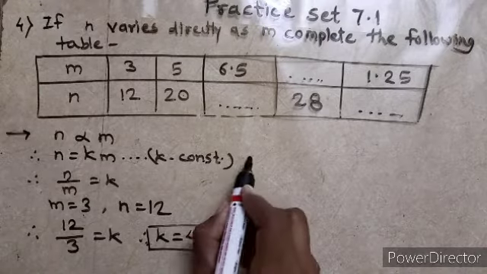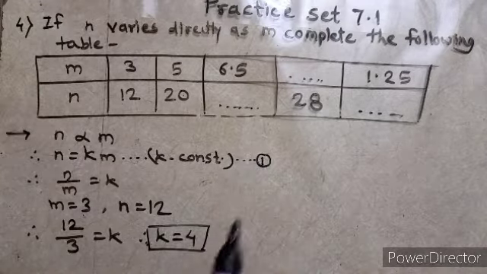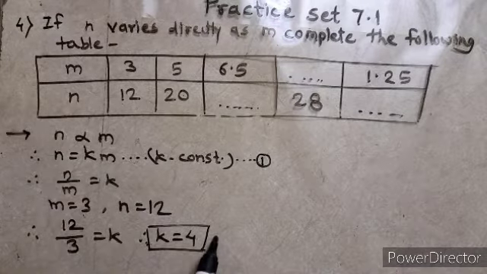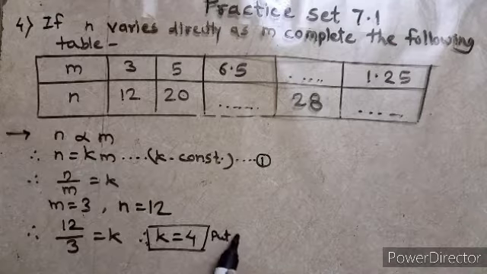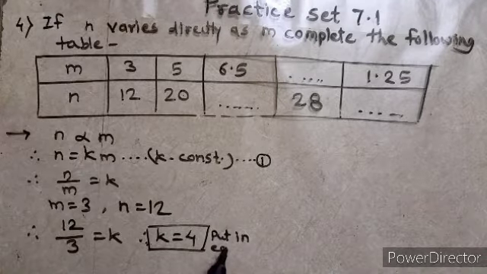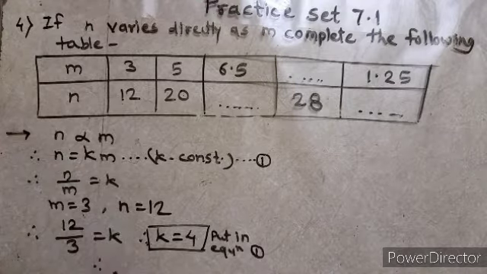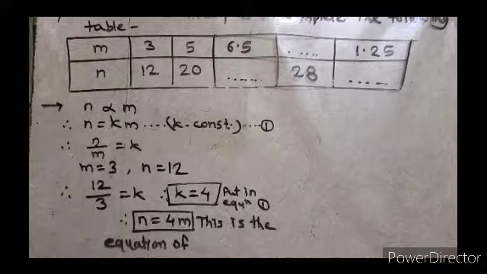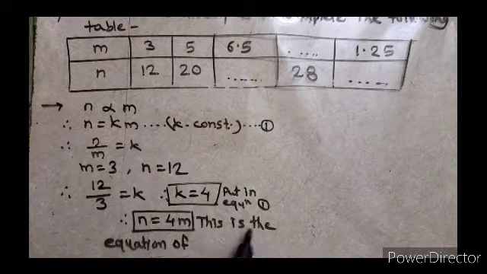Put this value in equation number 1. Then we get n is equal to 4m. This is the equation of variation.